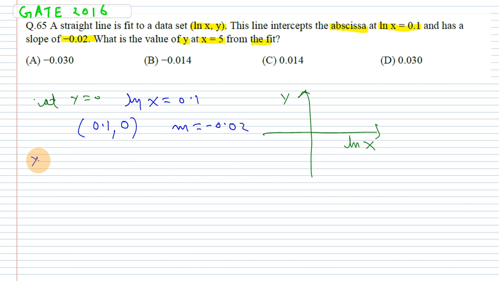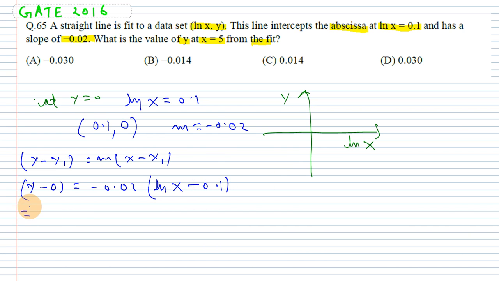If we use the equation of the line, that is y minus y1 equals slope m times x minus x1. So y1 is 0 over here, so we will put 0, and m is minus 0.02, and x is basically ln x. Okay, and x1 is 0.1.